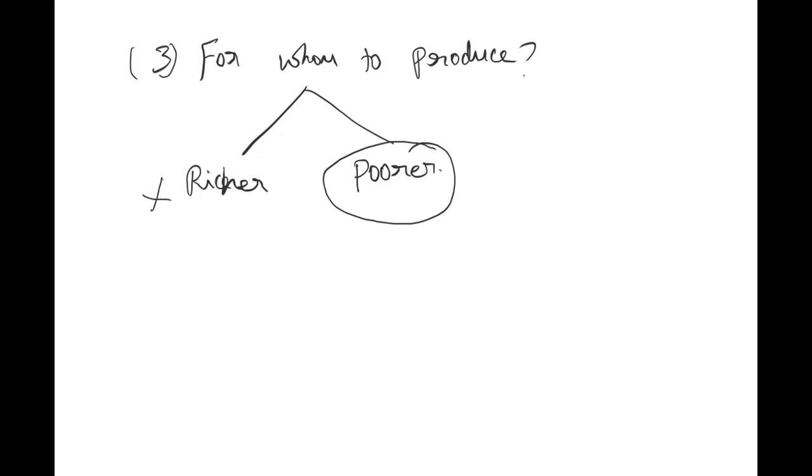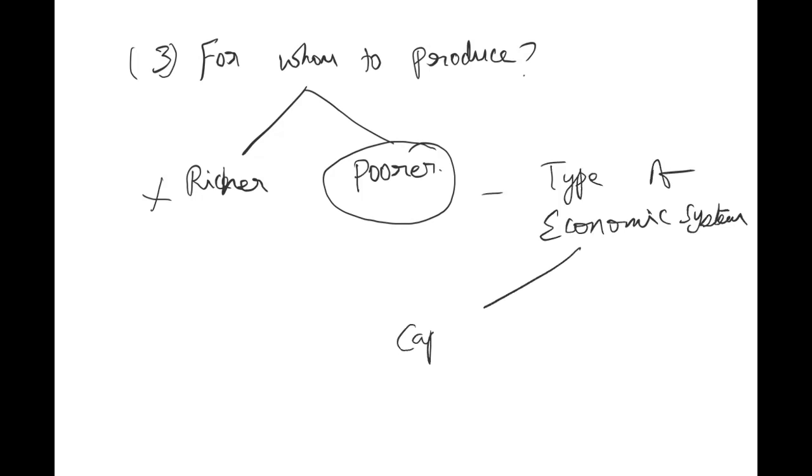So ethically, the country should allocate in such a way that it is catering to the needs of the majority of the poorer sections of the society. Okay, but this also is decided by the type of economic system. Every country has its own economic system. So broadly, you have the economic system of capitalism, where all the means of production, everything, is operated by the private sector.